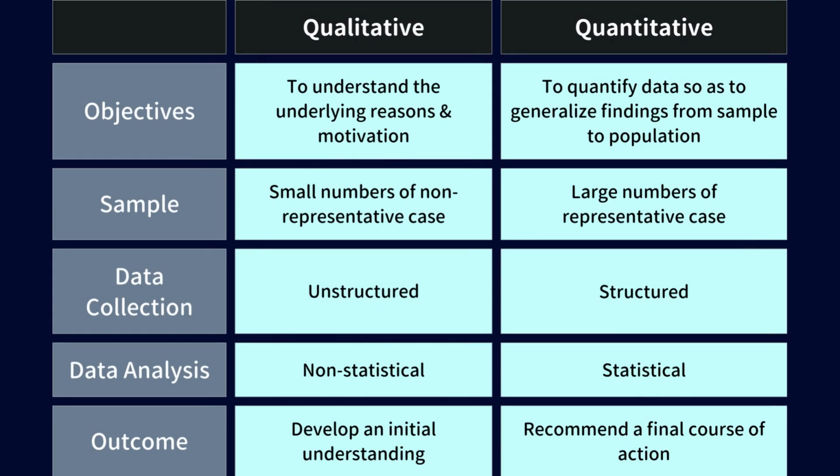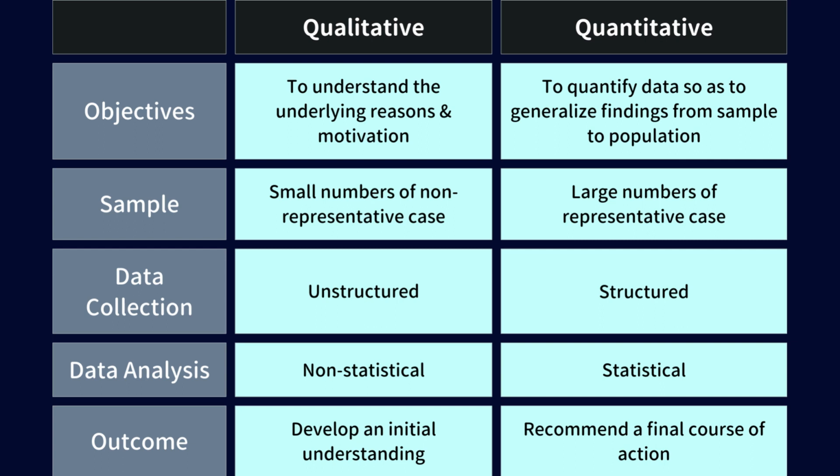So to make it clearer between quantitative research and qualitative research, let us look at the difference of these two based on the objective, sample, data collection, data analysis, and the outcome. For qualitative research, the objective is to understand the underlying reasons and motivation. They want to understand the reason, they want to understand the experience and things like that.